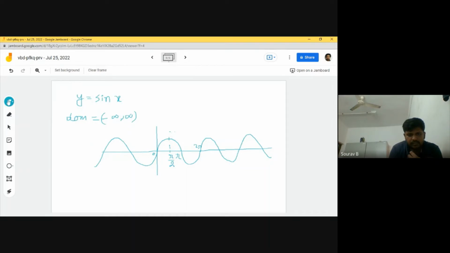So at the odd multiples of pi by 2, the value of the function is either 1 or minus 1. Here you can see this is 3 pi by 2, and the value of the function is minus 1. Okay, so this is the graph of y equal to sin x.